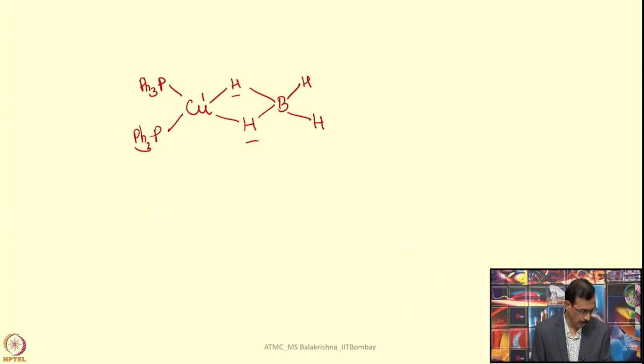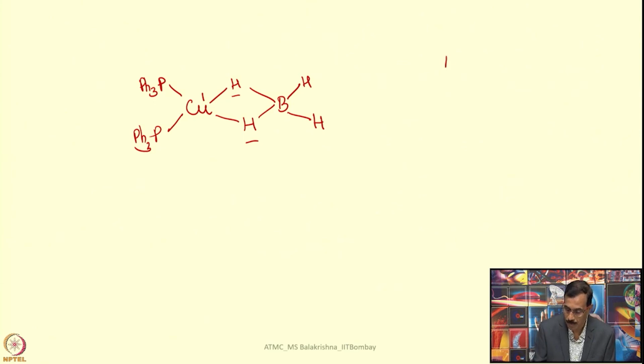So, that means borohydride can establish either single bond or triple bond or even double bond. I mean, it can have 2 bridging units or 1 bridging unit or even 3 bridging units.